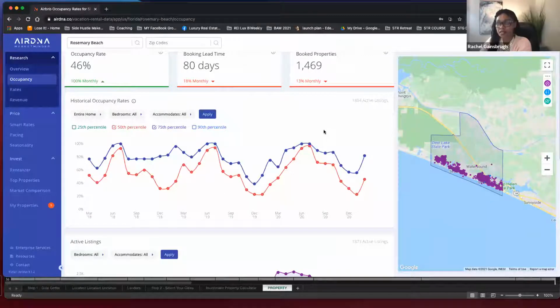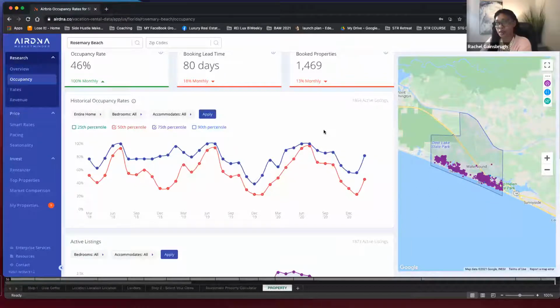Even in those markets, in the secondary markets, there's going to be some fluctuations in occupancy and average daily rate and seasonality. So depending on what the market is, you want to know what your peak months are, and what seasonality looks like. Some markets actually have a second peak.